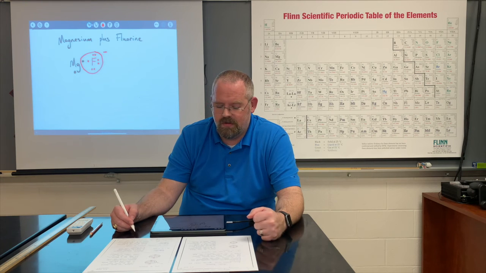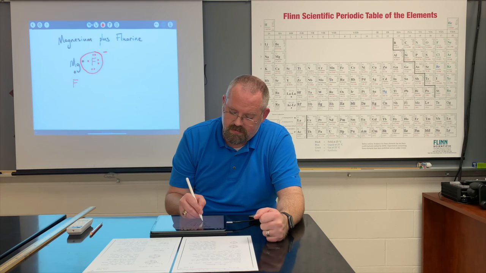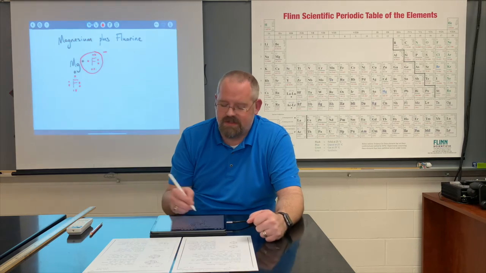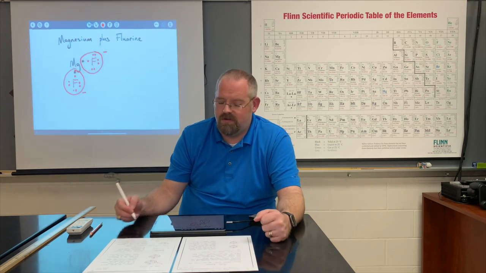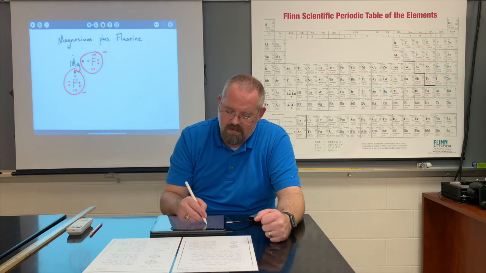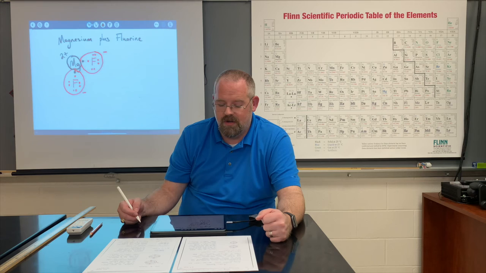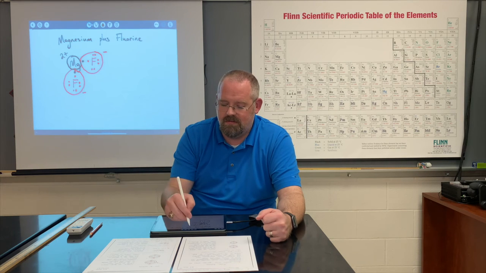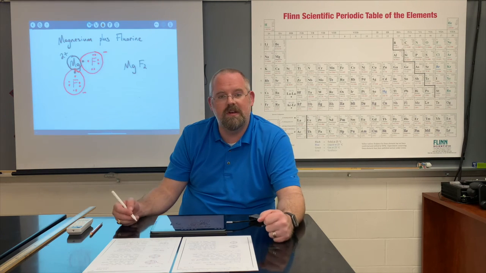I've got 1 left over. Well, all we need to do is just add more fluorine. So another fluorine atom comes along. It's got 7. It's going to steal that one. Another -1 charge. And I'm left with a magnesium that's lost 2 electrons, so it's a +2 charge. Now count up what you got. I've got a magnesium, my positive, and I've got 2 fluorines, MgF2.